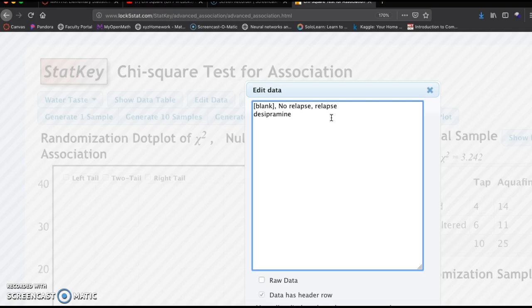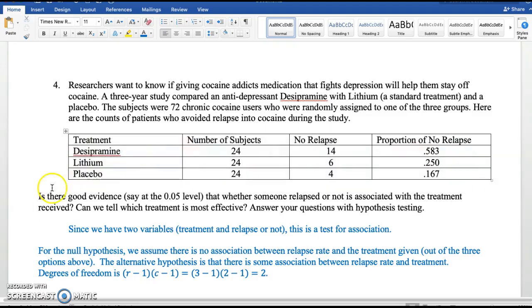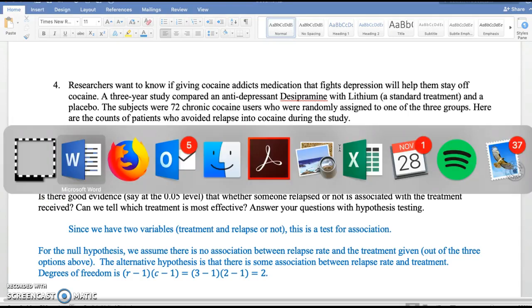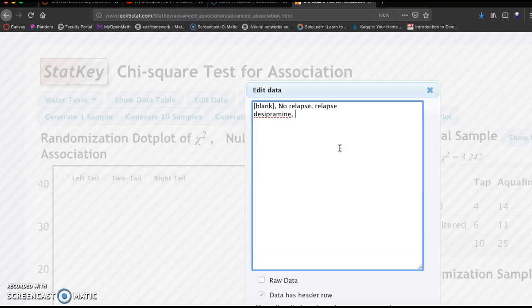I might be spelling that wrong, but the first treatment is the desipramine. 24 subjects, 14 did not relapse, and 10 did relapse.